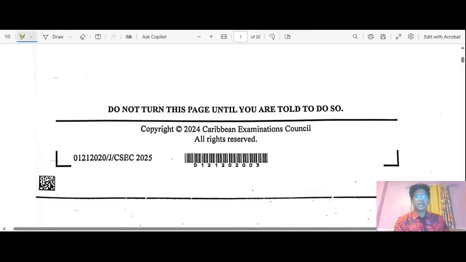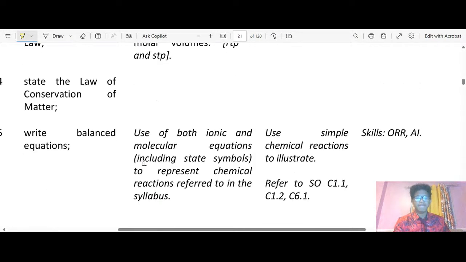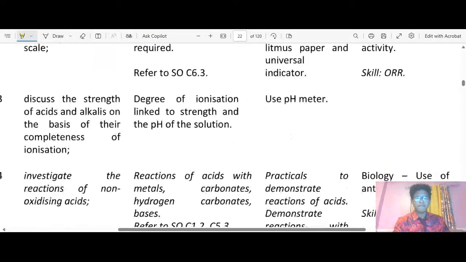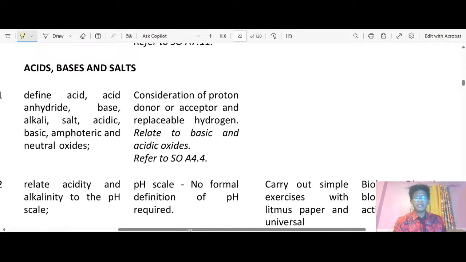So let's go back to the syllabus. Miss, I couldn't find this document, guys. Just give me a couple of minutes. I think this document will give us a bit more detail.